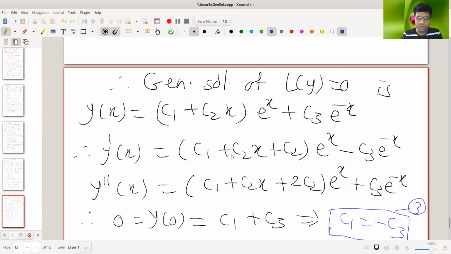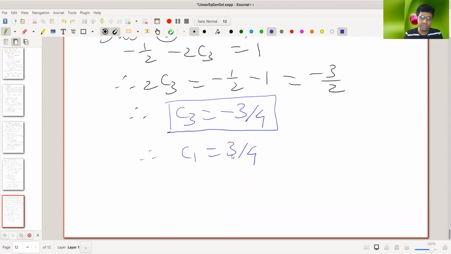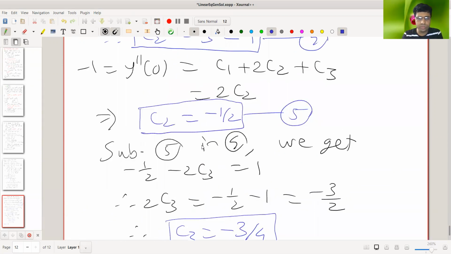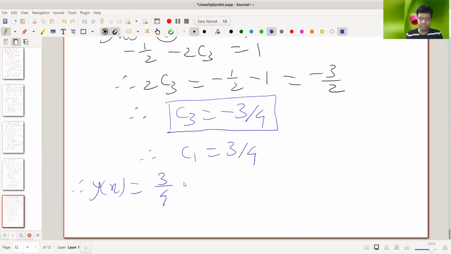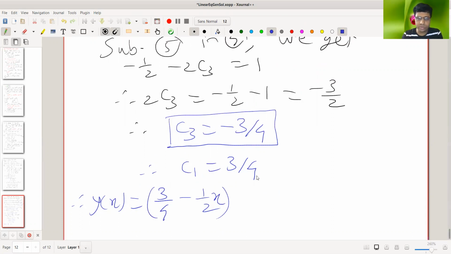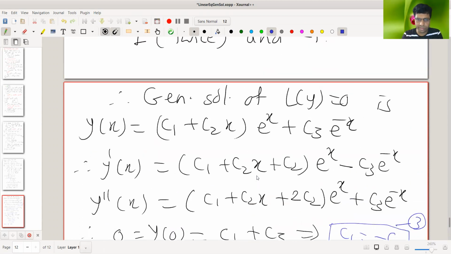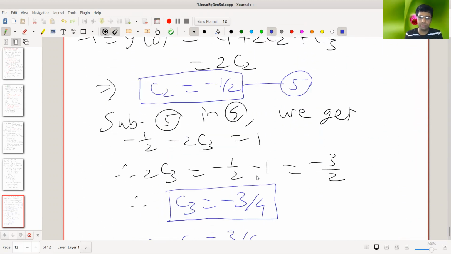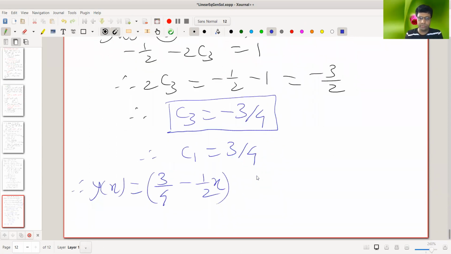Therefore y of x is C1 plus C2x, so 3 by 4 plus C2, C2 is minus 1 half, x, C1 plus C2x into e raised to x, plus C3, that is minus 3 by 4 e raised to minus x.